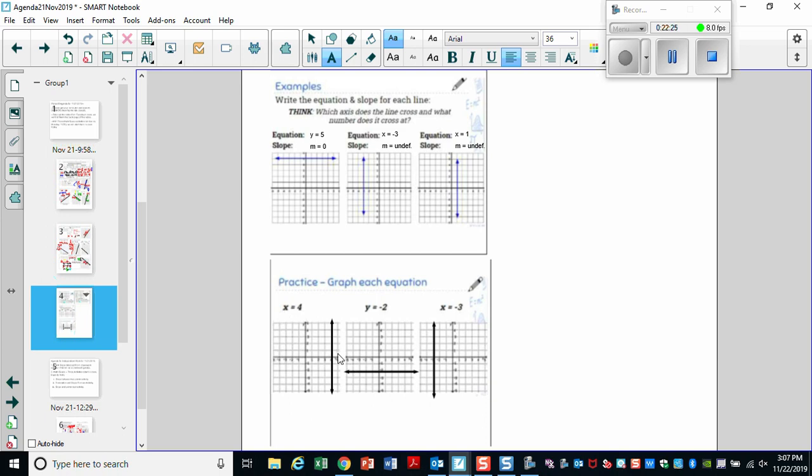So x equals 4, look on the x-axis. Find 4, vertical line, up and down is undefined slope, up and down, think of the letter U for undefined. Whereas y equals -2, it's a horizontal line. Anytime you have a horizontal line, slope is 0. Last but not least, x equals -3. Find -3 on your x-axis, go up and down.